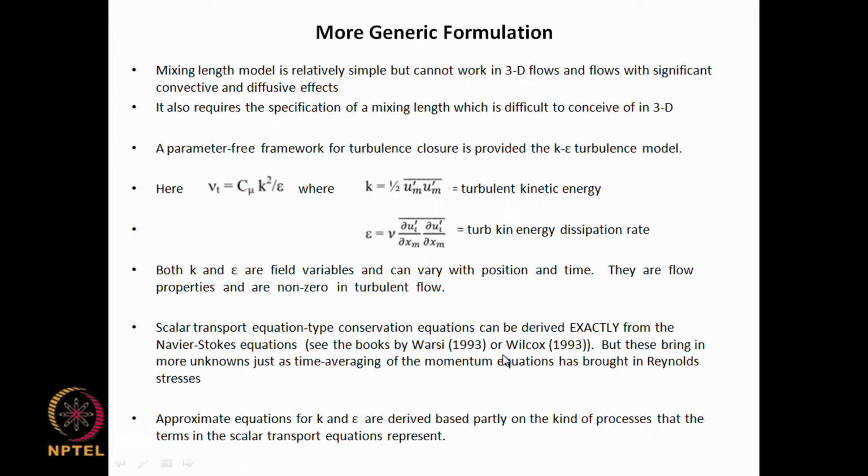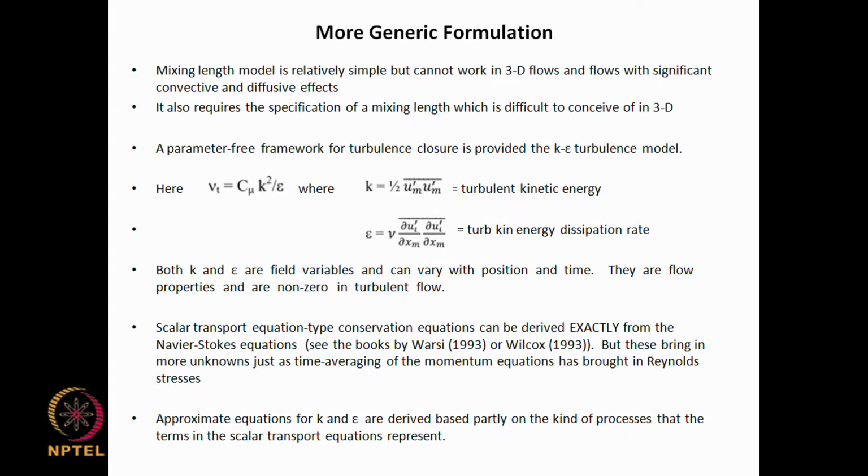The modern versions of this are given in Versteeg 1993, Wilcox. These are well known books in turbulence modeling, and the 1950s book by Hinze also has these equations derived. And I think in the 1940s there is a version of the derivation by Kolmogorov. So, the derivation is known, it can be done, but it is quite tedious, it is time consuming.